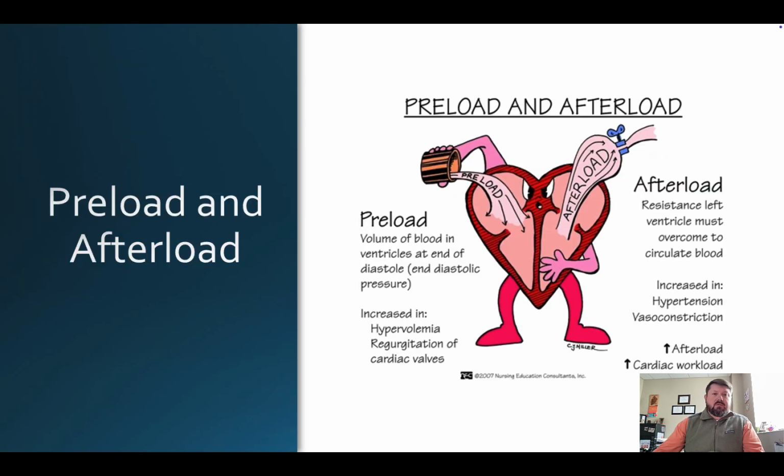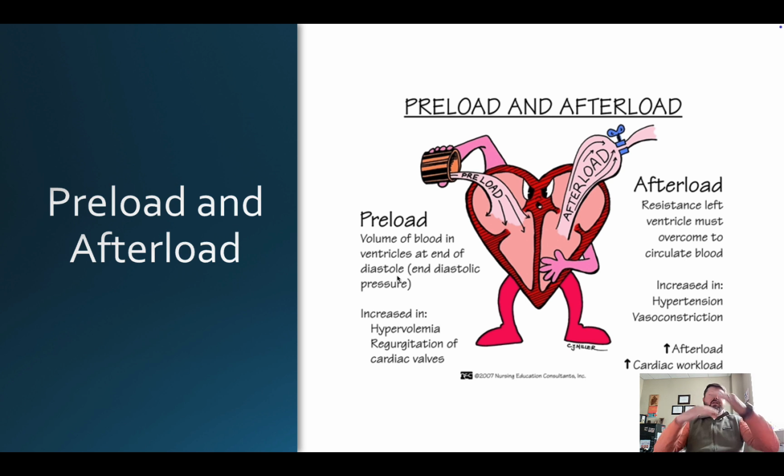So just as a quick review of preload and afterload. Preload is the volume of blood in the ventricles at the end of diastole. So end diastolic volume, the amount of blood that's available to pump out when systole kicks in. Things that affect preload: hyper or hypovolemia, and also regurgitation of cardiac valves.